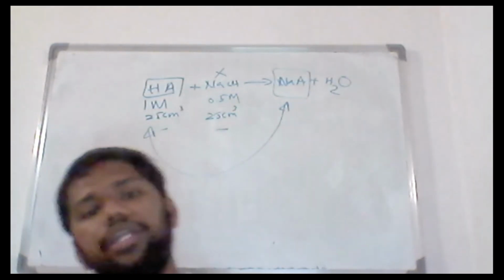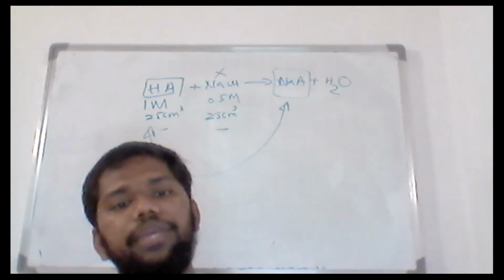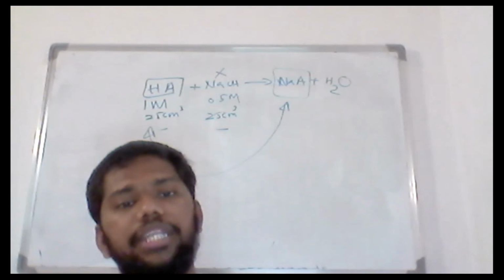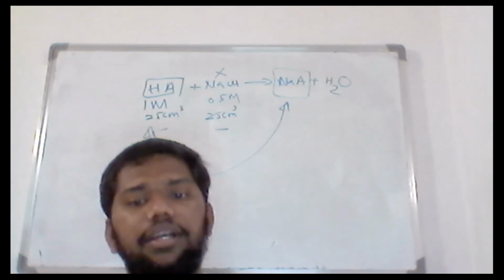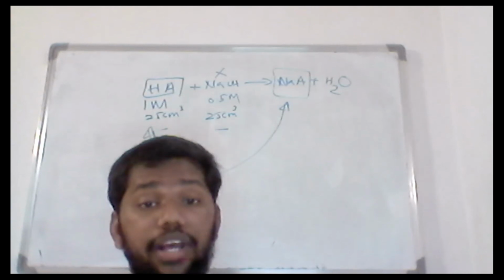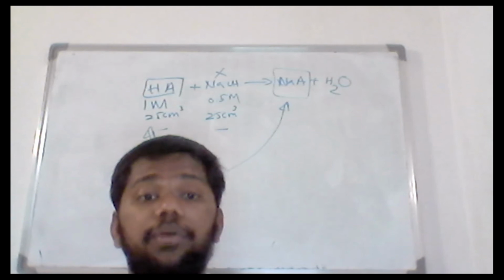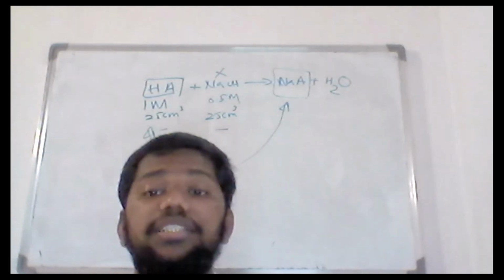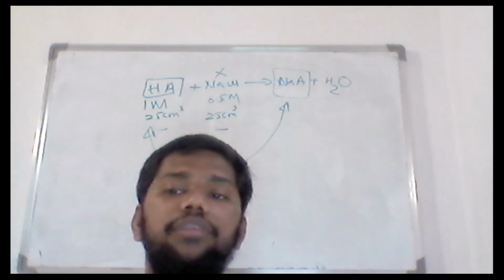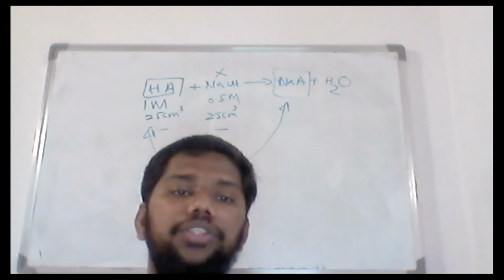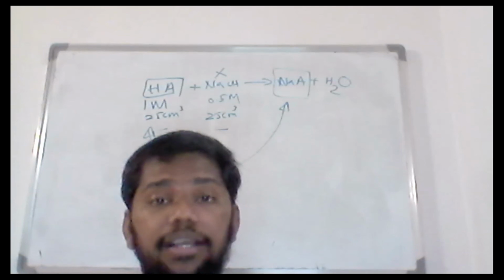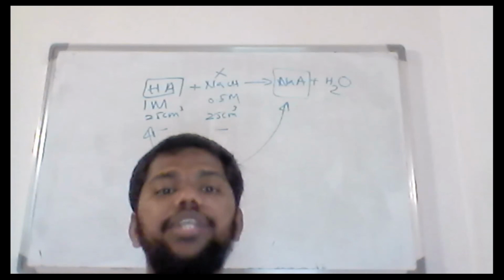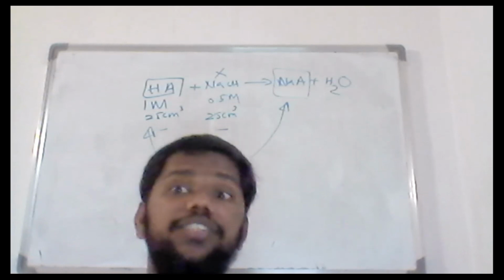According to the stoichiometry, there will be 25 into 10 to the power minus 3 moles of HA, and with NaOH you will have 0.5 into 25 into 10 to the power minus 3, which is half of this. All NaOH will be consumed, and 0.5 into 25 into 10 to the power minus 3 HA will be remaining, and 0.5 into 25 into 10 to the power minus 3 of NaA is formed.